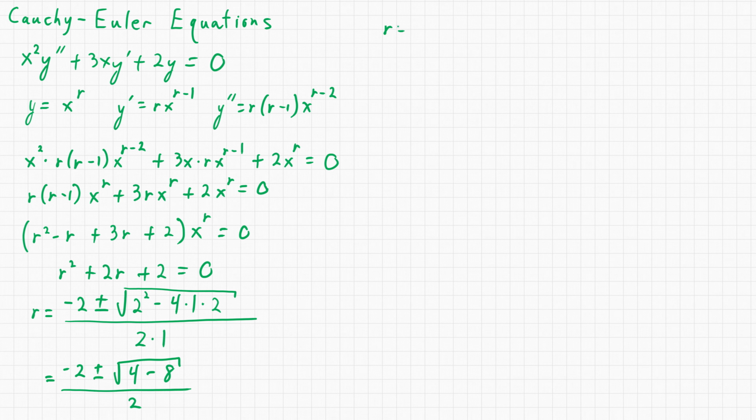So r is equal to negative 2 plus or minus the square root of negative 4, all over 2. That simplifies further: the square root of 4 is 2, so it's plus or minus 2i, all over 2. So you get negative 1 plus or minus i.